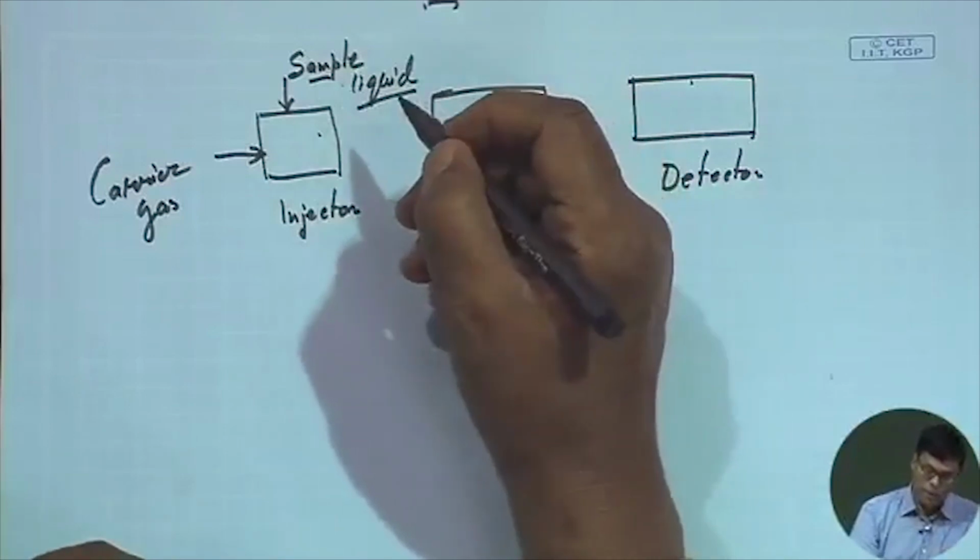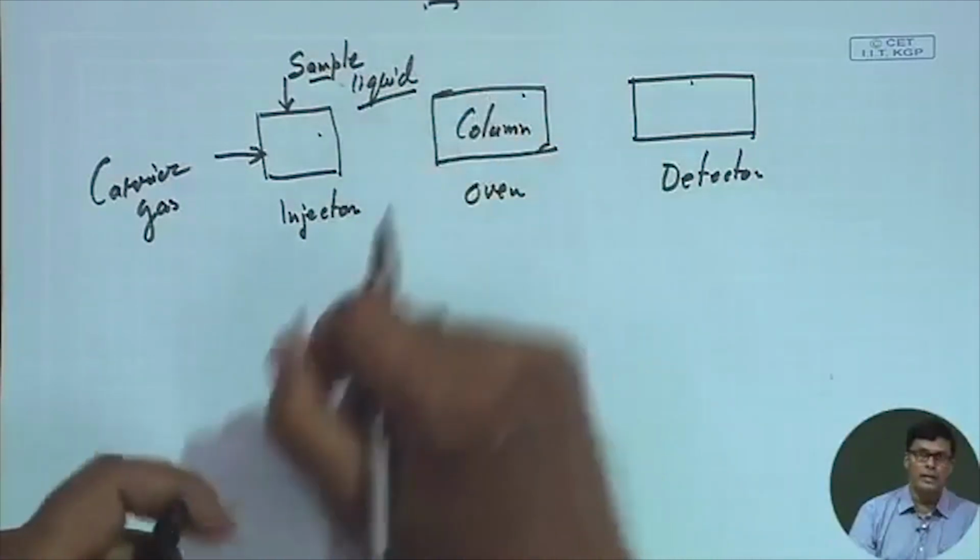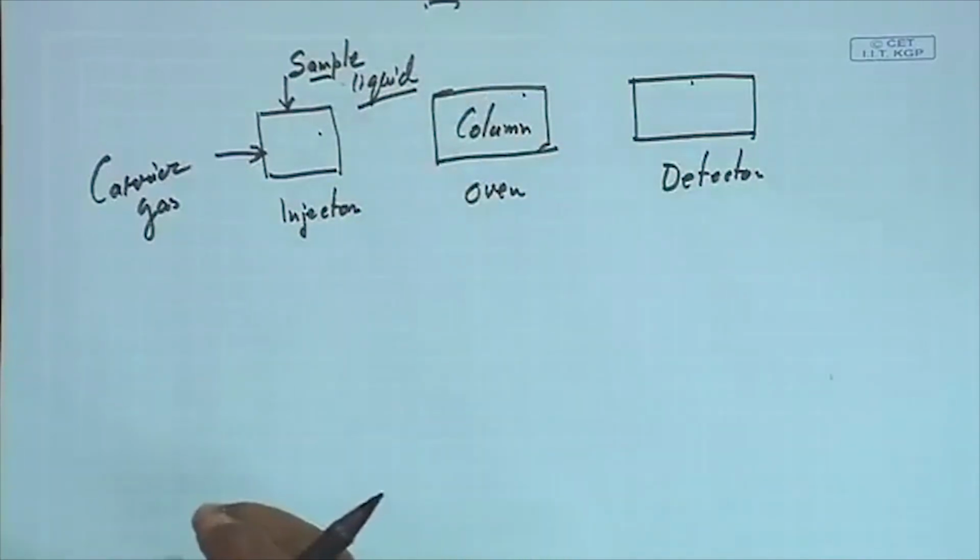Suppose I want to use acetic acid. Acetic acid has a boiling point of about 121 degrees centigrade. Now, the temperature of the injector should be more than 121 degrees centigrade, because as soon as we inject this acetic acid in the injector, it should be vaporized.